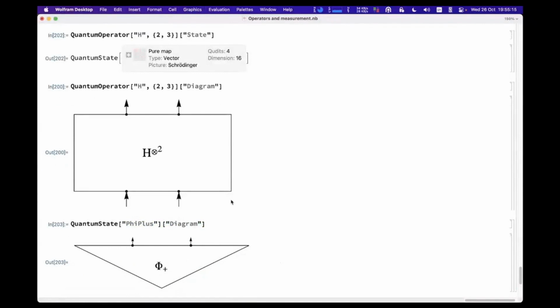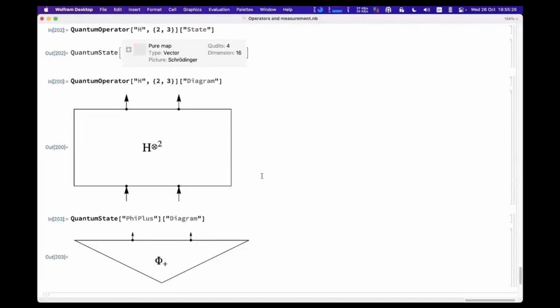Yeah. So behind the scenes, the fundamental difference, as in the textbook that Nick mentioned, is that in this type of approach a quantum state is the one with no input.